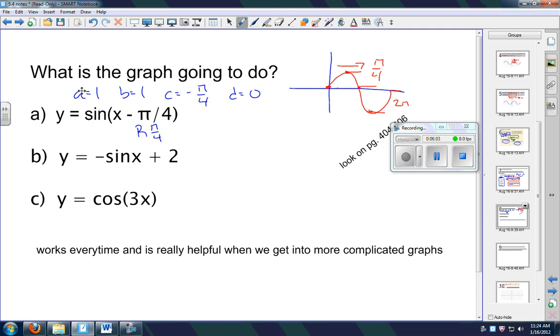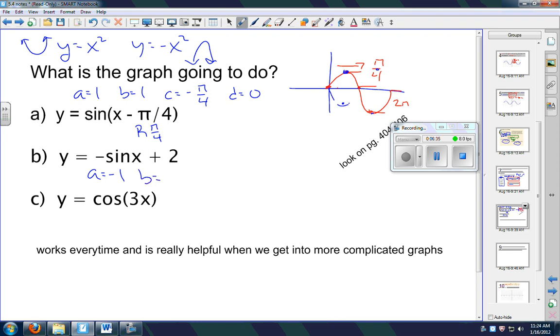Let's look at the second one. A is negative 1. Now, if I gave you x squared and negative x squared, the only difference is x squared opens up, negative x squared opens down. So this sine graph is going to be upside down. Instead of looking like this red one here, this point would end up down here, this point would end up here, and this guy would go down first and then up instead of up and then down.